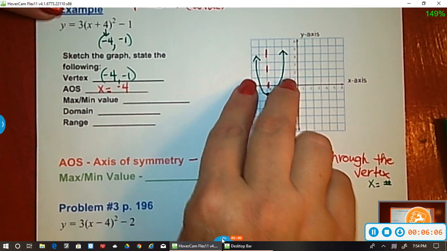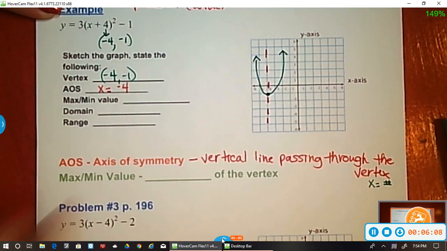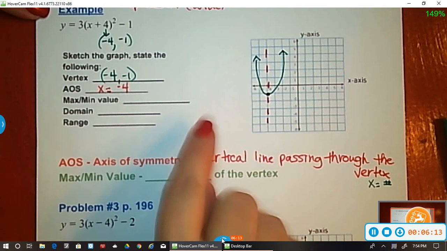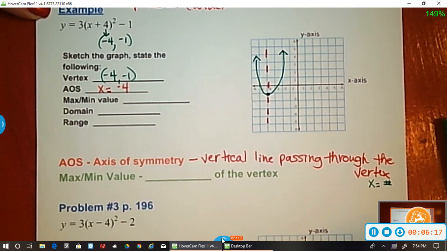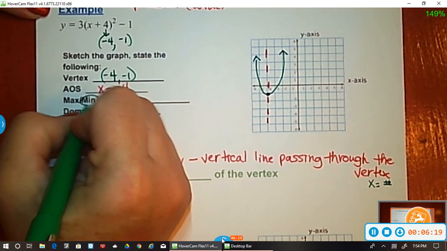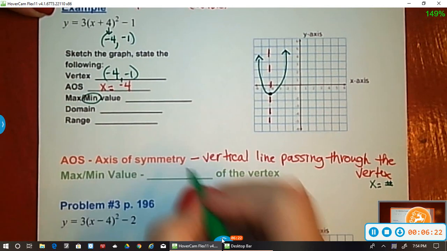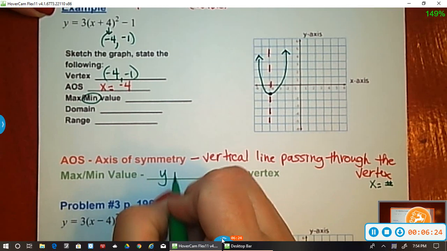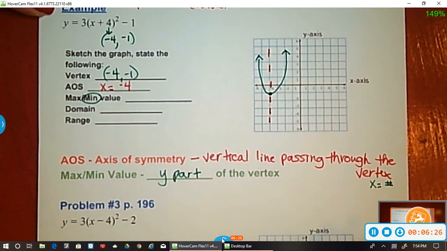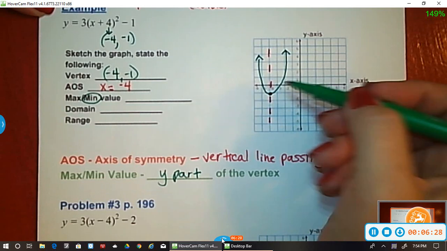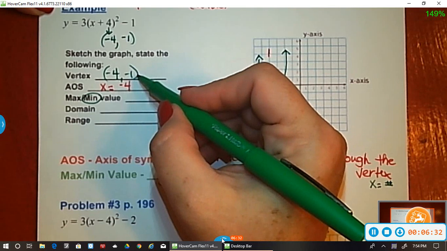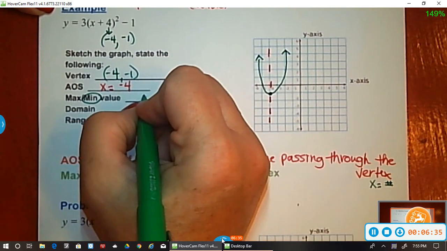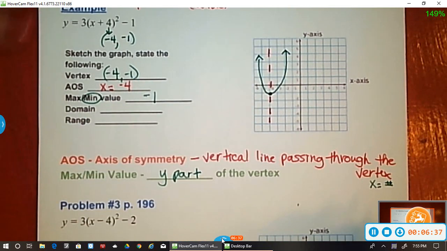Because this is opening upward, it is going to continue upward forever, so it does not have a maximum. The lowest point on my graph is right here. So it has a minimum value, and the minimum value is always the y part of the vertex because that's as low as it goes. The lowest it goes is -1. The y part of the vertex is -1. So my minimum value is -1.